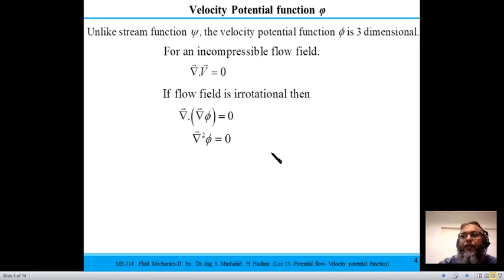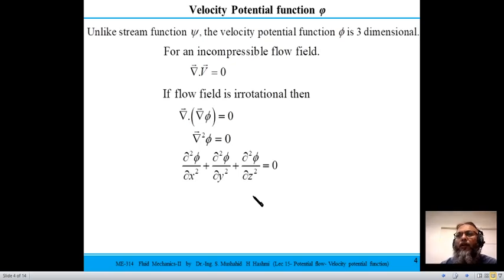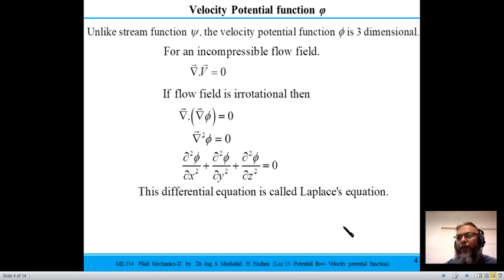Now you can write these two operators, and in the differential equation form, it is a second order partial differential equation of phi. So when you have an irrotational field and you are substituting into this continuity equation, you end up with this relation, which is a second order differential equation called Laplace's equation.